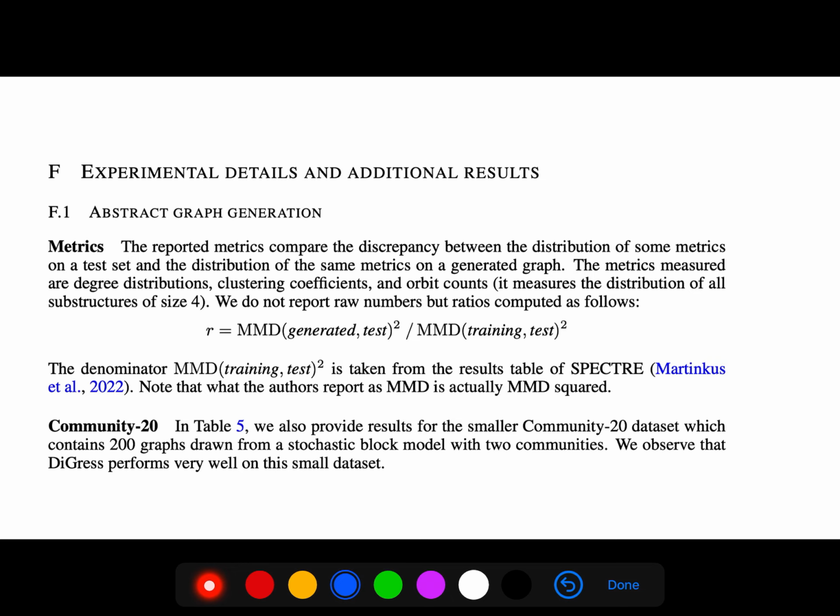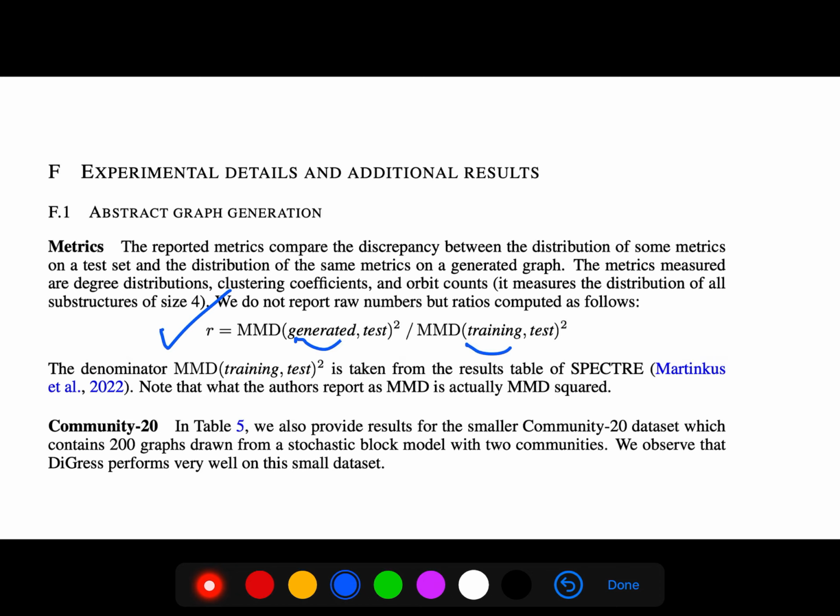The metrics that they use, we do not report raw numbers, but ratios computed as the MMD of generated and test squared over the MMD of training and test. So in the numerator we have generated and test, and in the denominator training and test.